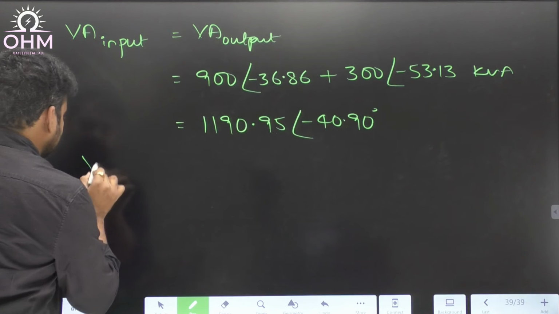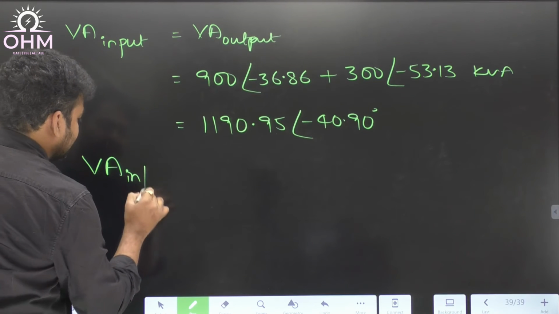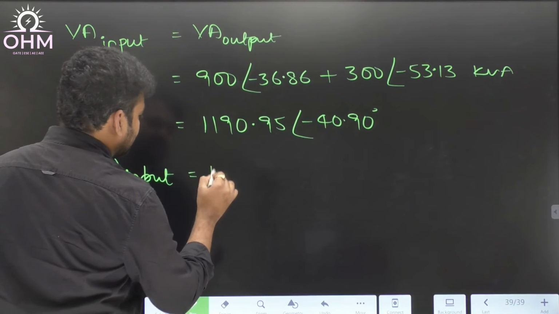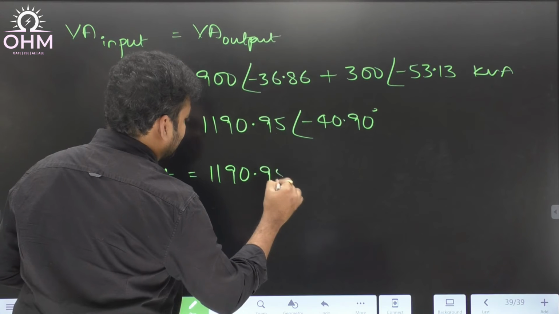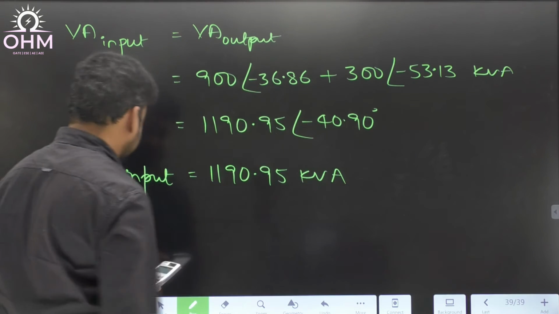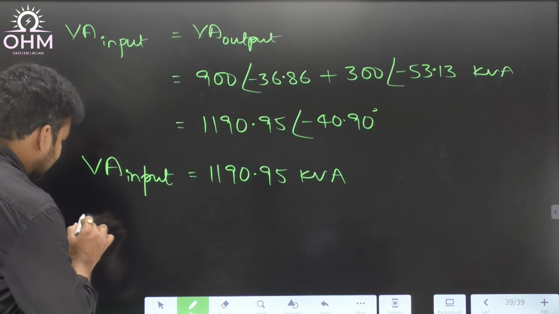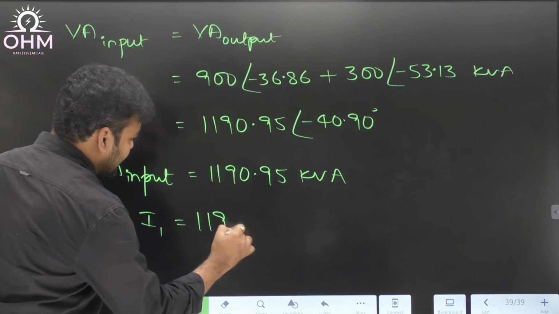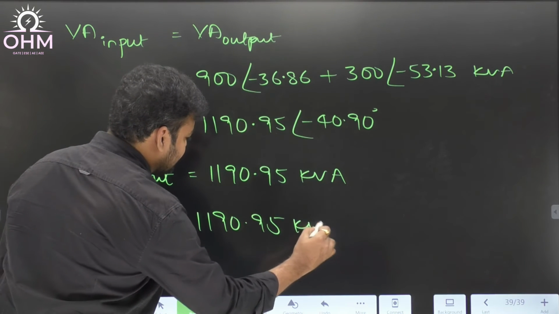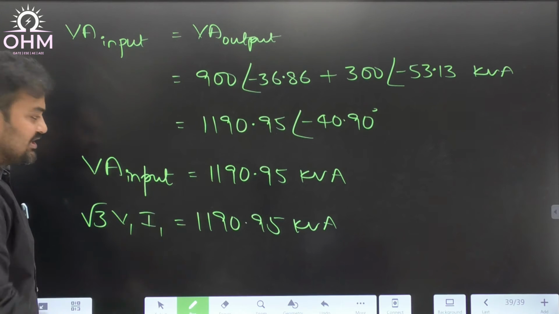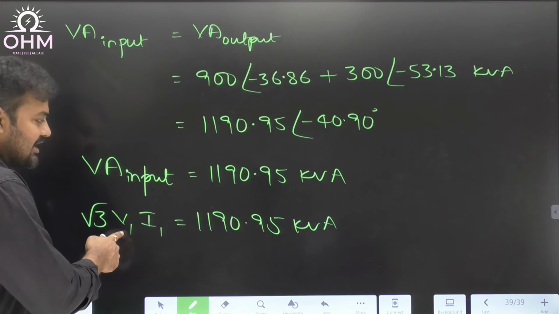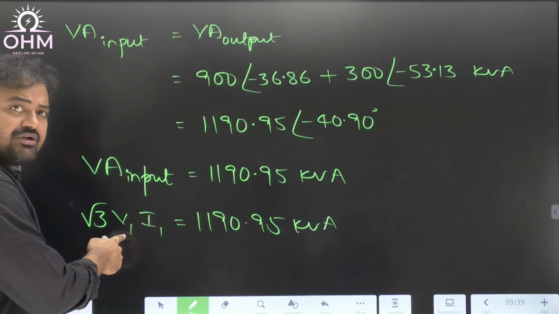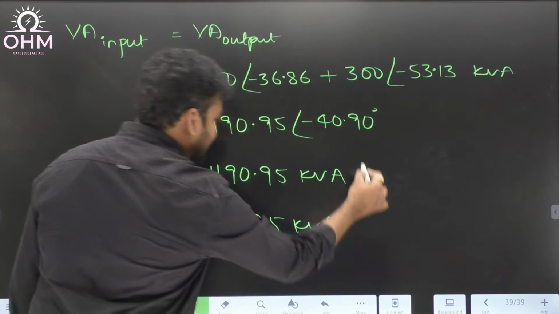So the total input kVA will be equal to 1190.95 kVA. Input kVA means I can write root 3 V1 I1, because it is a three-phase transformer, therefore obviously I have to use the root 3 VL IL formula. And what is the line voltage on the input side? 1.1 kV. Therefore, I can calculate I1.